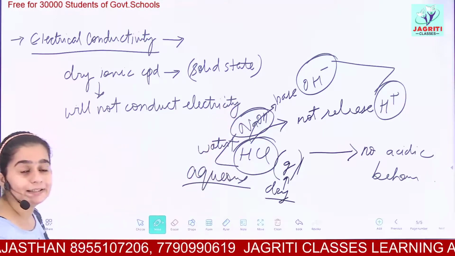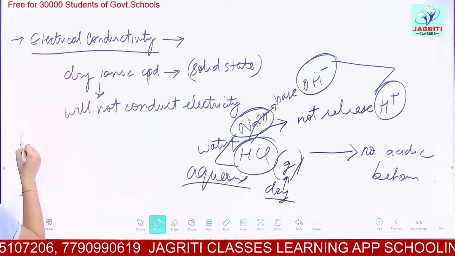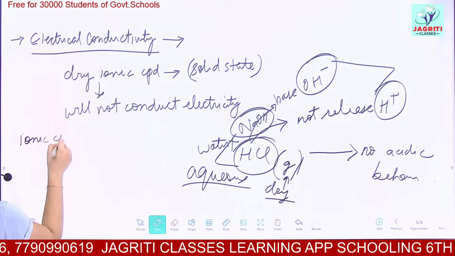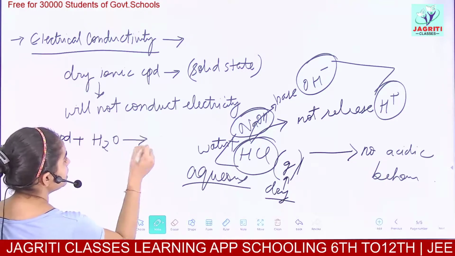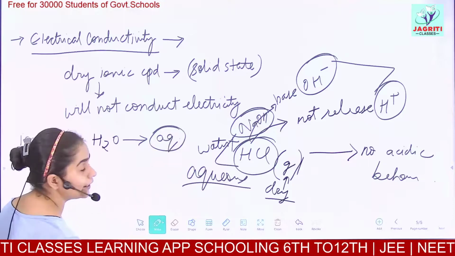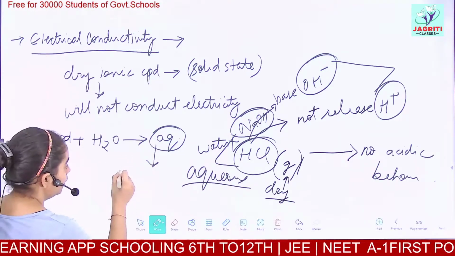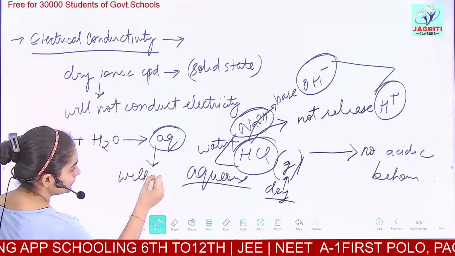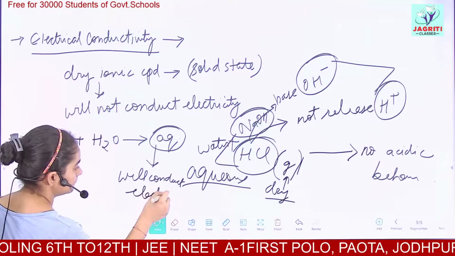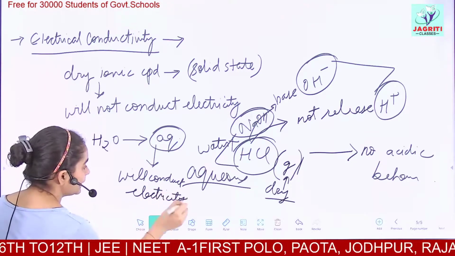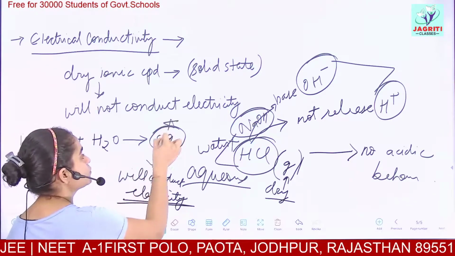But if you take the ionic compound in aqueous form, or dissolve it in water, you get a solution. And now this aqueous form will definitely conduct electricity. So the conduction of electricity occurs only when we take the aqueous form.